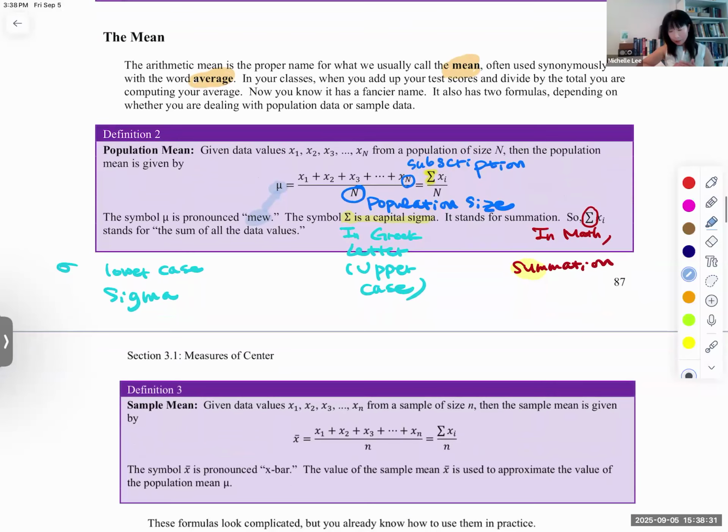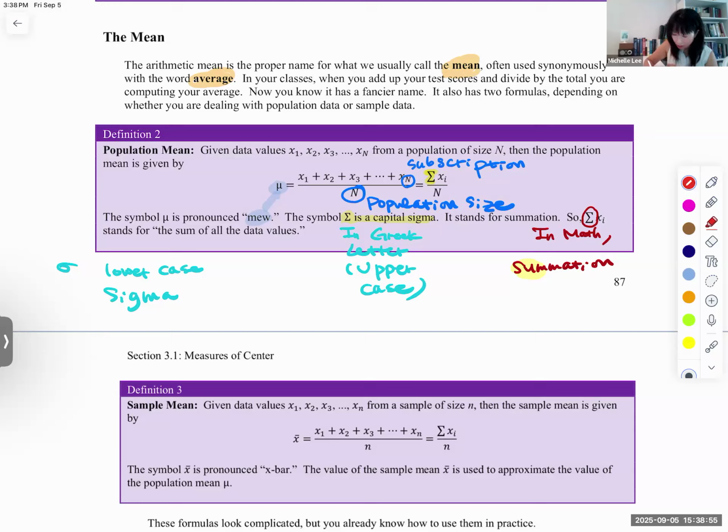Now, the sample mean. For the sample mean, we have the same formula. We add everything up and divide by the size of the sample. We have a lowercase n in the alphabet, so that's the sample size.